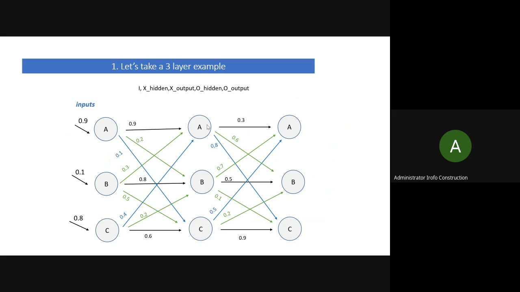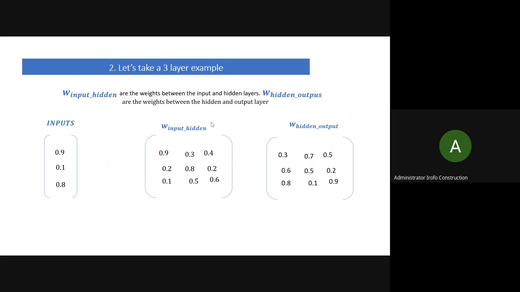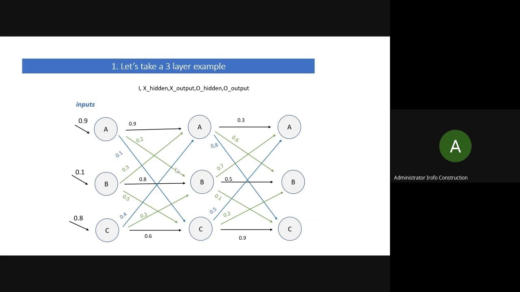Then the second row will be going to B, so it will be 0.2, 0.8, and 0.2. You need to go accordingly.